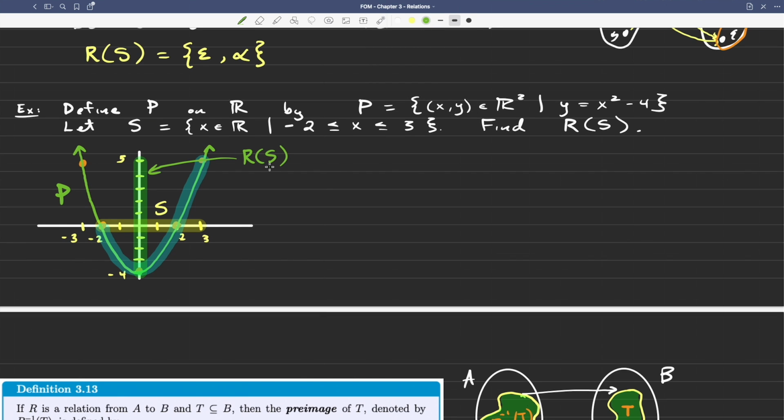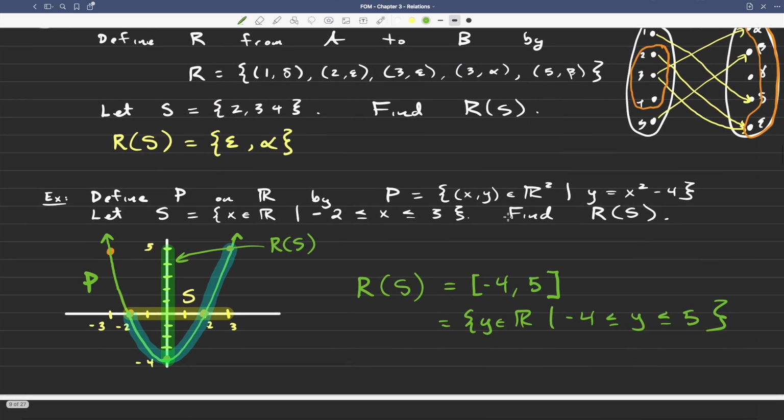Those are the second components that are paired up with first components that lie in S. So R of S here is the interval from -4 up to 5. And the endpoints are included because the endpoints were included in S. If you want, you can call that the set of all y's in R, having the property that y falls between -4 and 5 inclusive, like so.